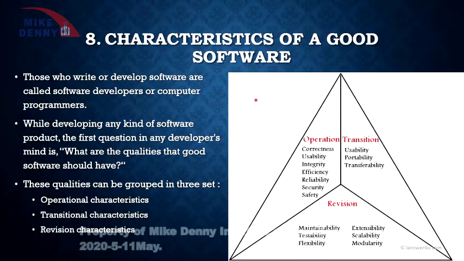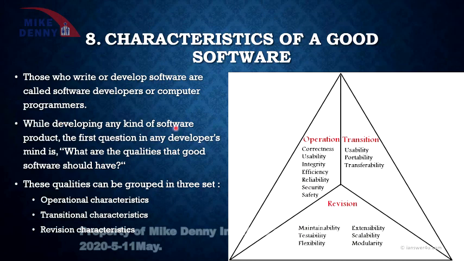So let's move on to see the characteristics of a good software. So what is a good software? According to developers, those who write or develop software, they are called software developers or computer programmers.